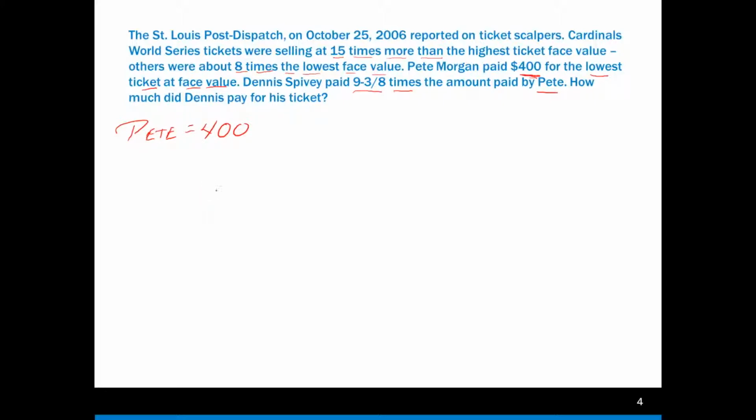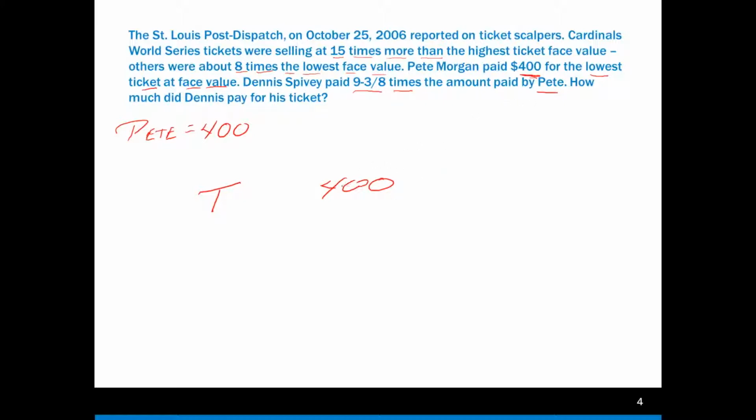And we know that Pete paid $400. Okay? Well, Dennis Spivey paid 9 3/8 times the amount paid by Pete. So Pete pays $400.